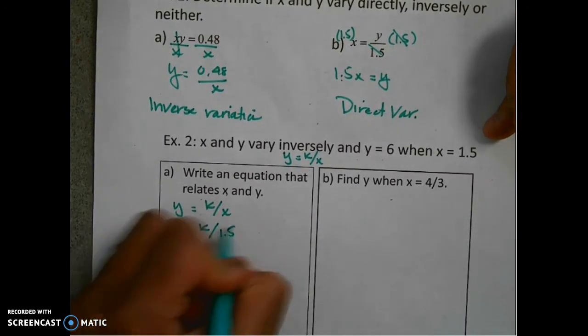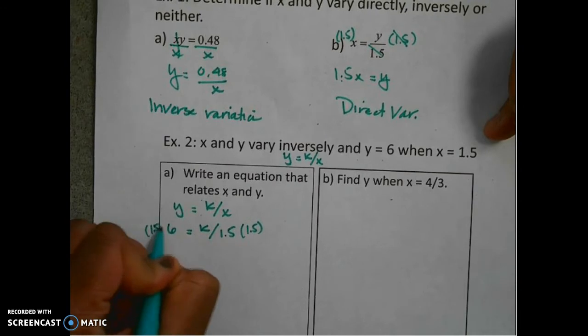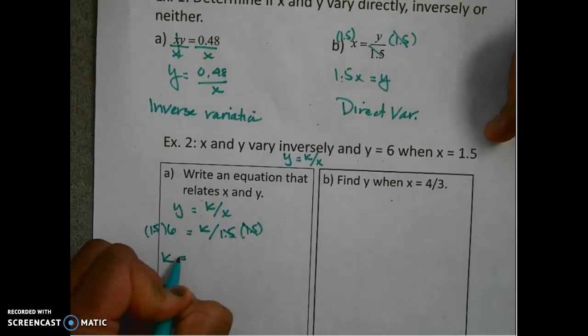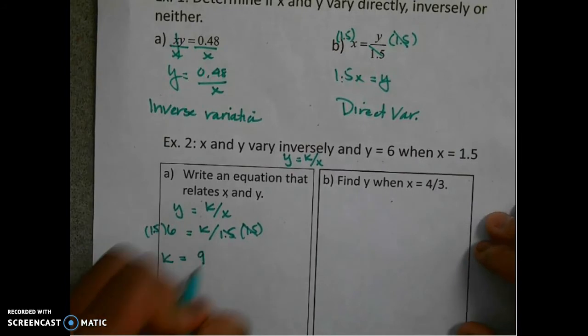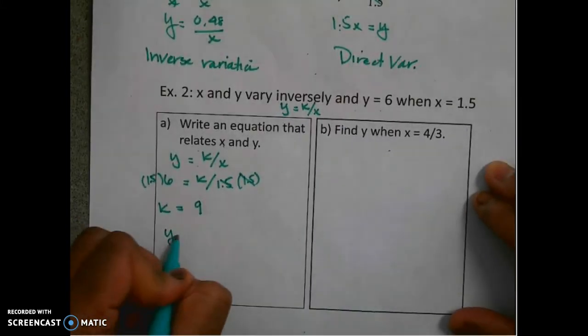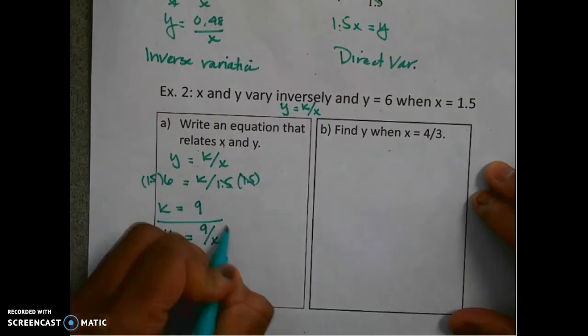I'm going to multiply both sides by 1.5 so that they cancel out here. And I find that k is equal to 1.5 times 6, which is 9. Which is great, but that's not my answer. They wanted me to write an equation that relates x and y. So y is equal to 9 divided by x.